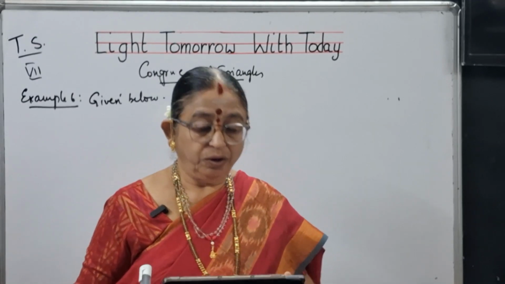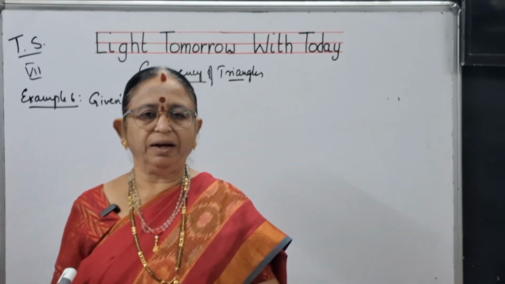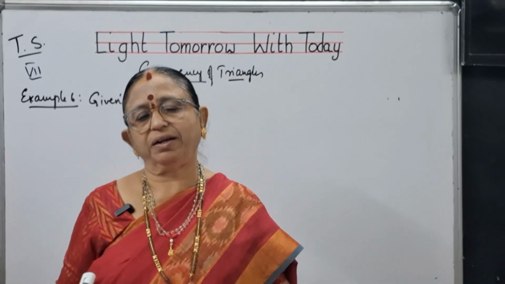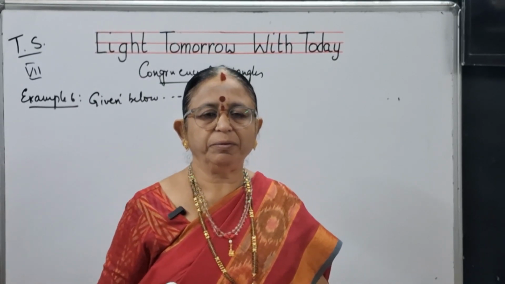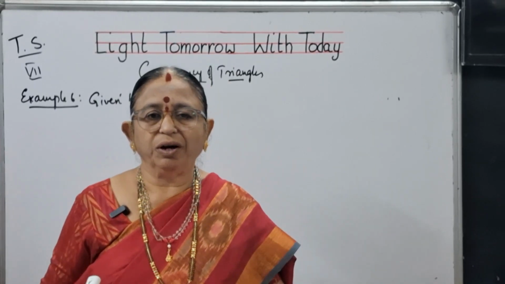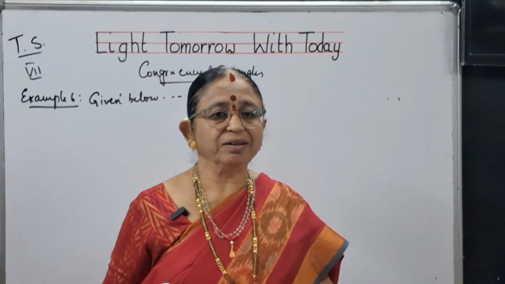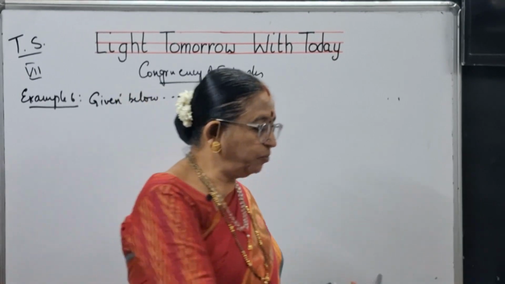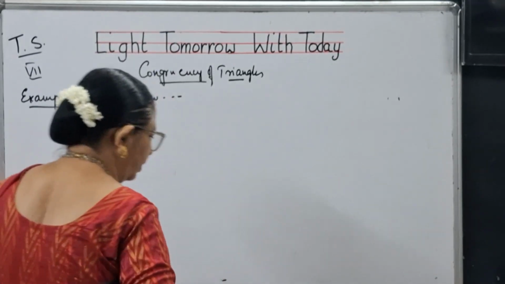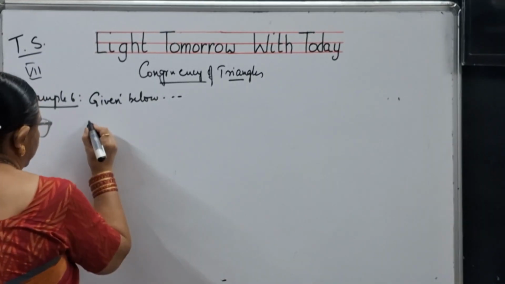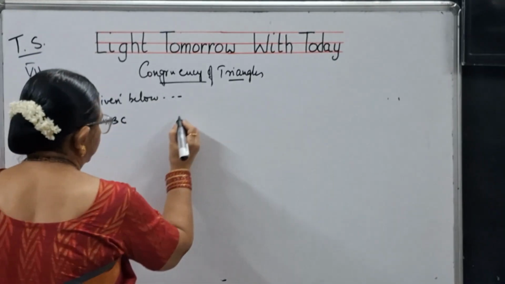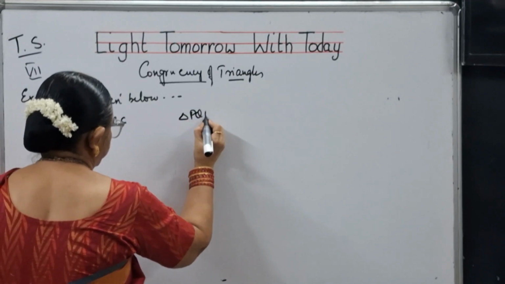First, you have to draw the triangles and write the measurements that are given to you. Basing on the measurements and on the RHS property which we have learned just now, we have to see whether the two triangles are congruent or not, and write everything in symbolic form. So let us see, the first one. They have given triangle ABC and triangle PQR.